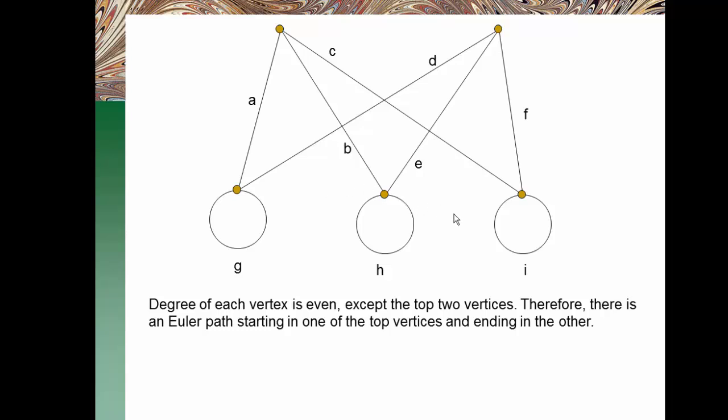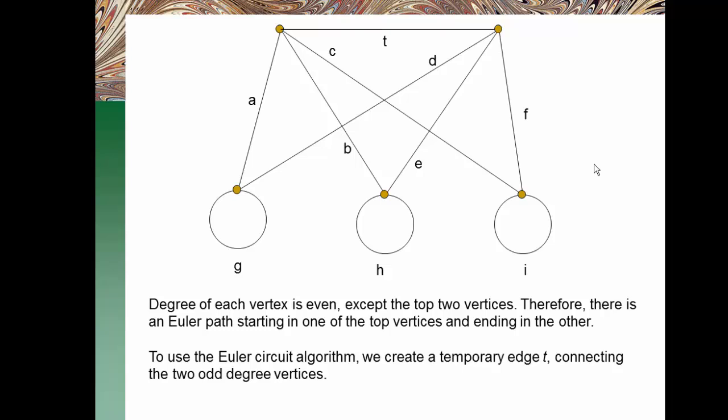All the other vertices have even degree. In order to make those two odd degree vertices even, we introduce a temporary edge connecting one odd degree vertex to the other odd degree vertex. With that temporary edge, now all the vertices have even degree. Because of that, we are now able to find an Euler circuit.